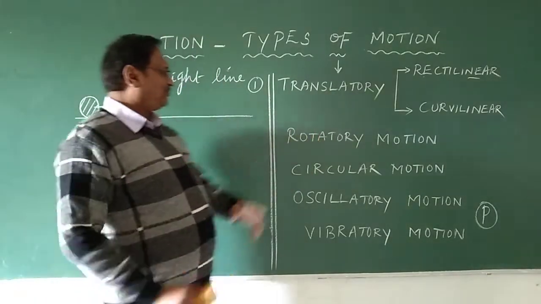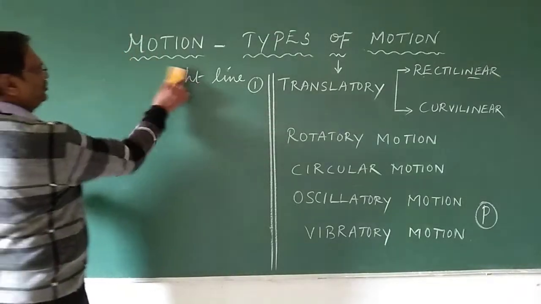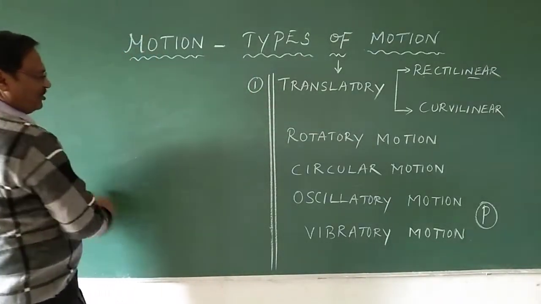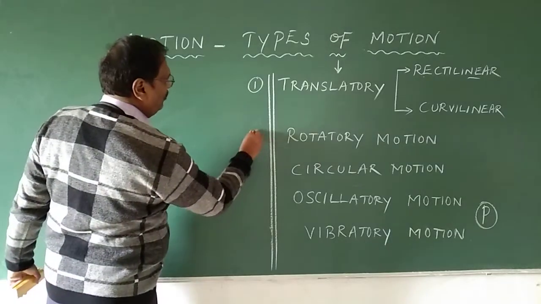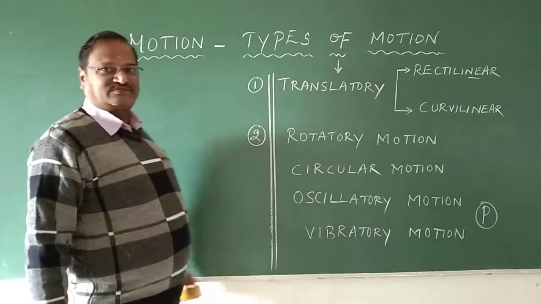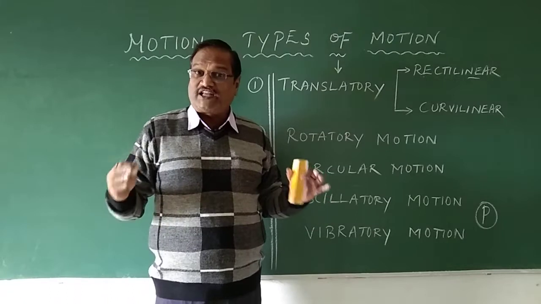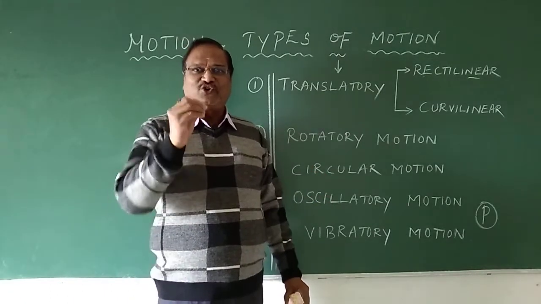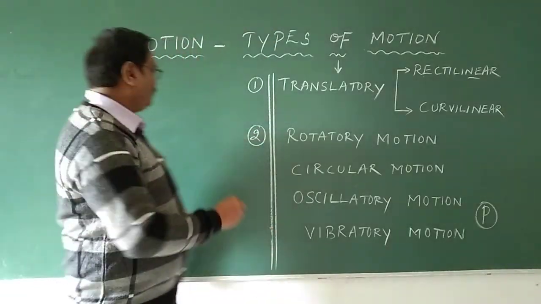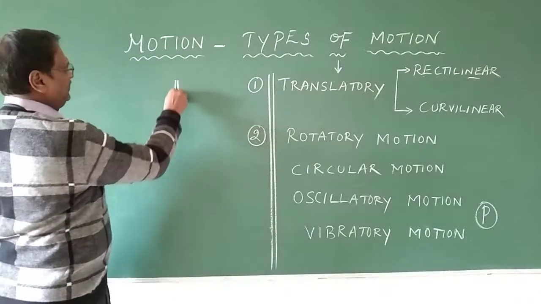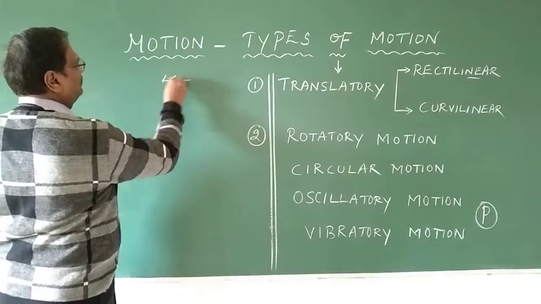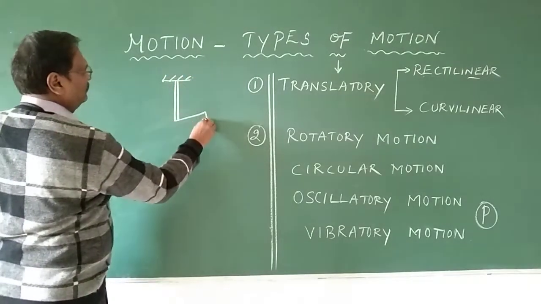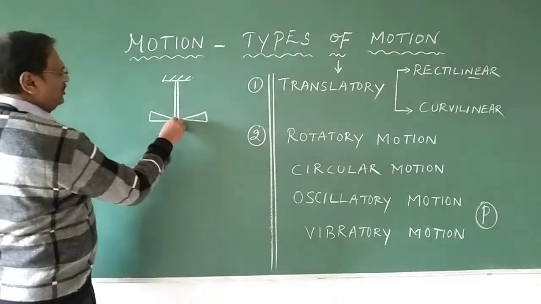Okay, now I come to the second type of motion which I am going to discuss. That is called rotatory motion. What is rotatory motion? Rotation, right? You know that fan, right? From the ceiling you have a fixed rod and the fan wings are there.